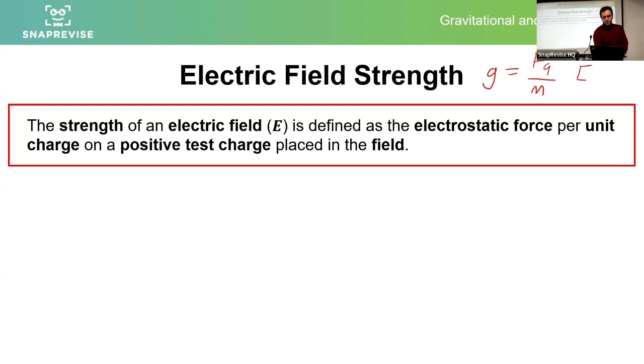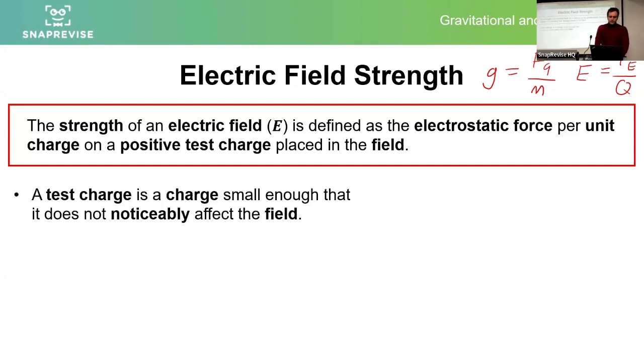The electric field strength is the electric force per unit charge. So again, there's this mathematical pattern recurring. The field strength is the force divided by the quantity that causes the field. For gravity, it was mass. For electric fields, it's charge.